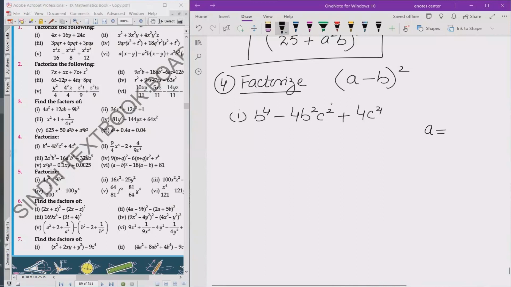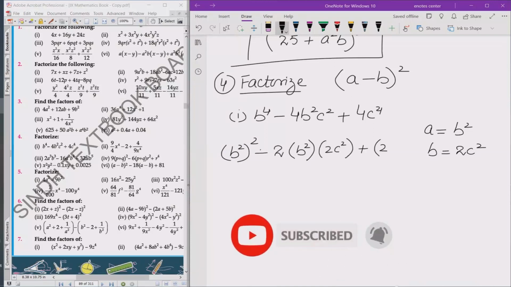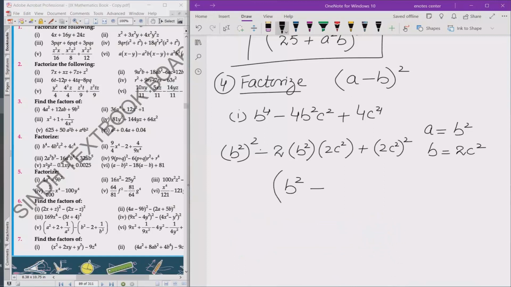So a is b square and b is 2c square, because if we take (2c square) whole square, we get 4c to the power 4. Now with formula 2, a square minus 2ab plus b square, where b is 2c square, we get (b square minus 2c square) whole square.